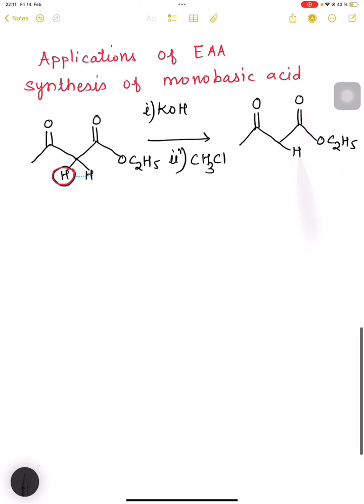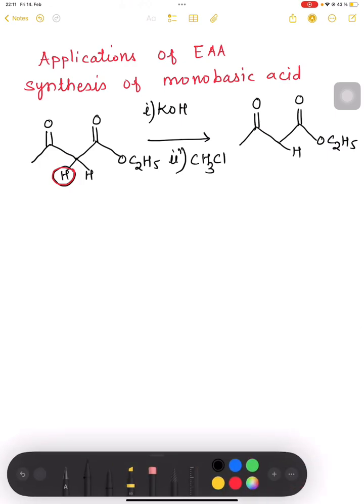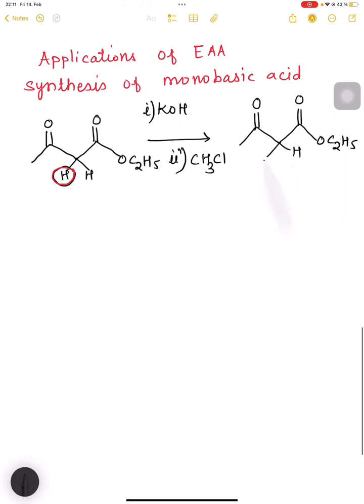This H is as it is, and here CH3 will be attached.